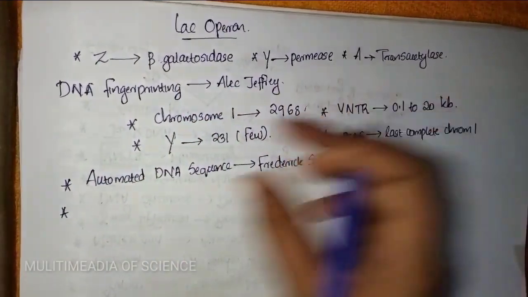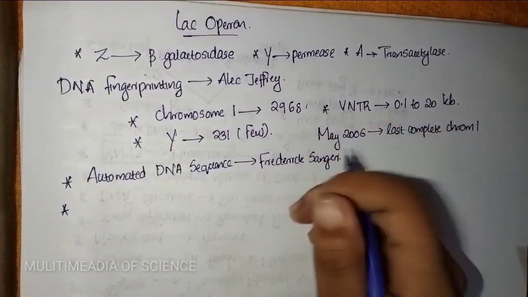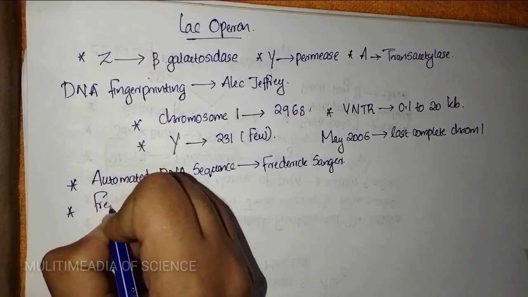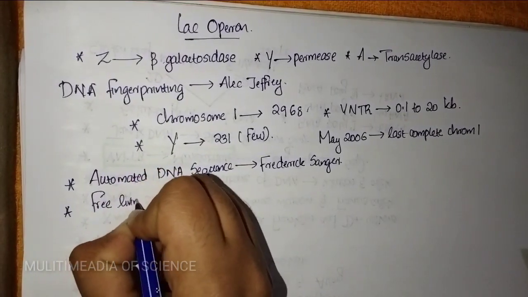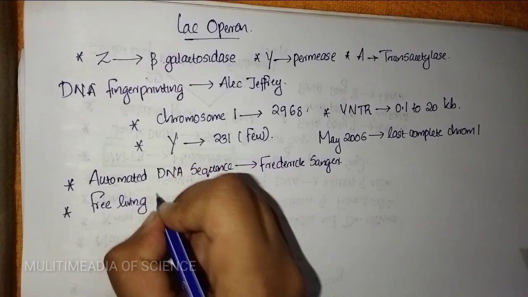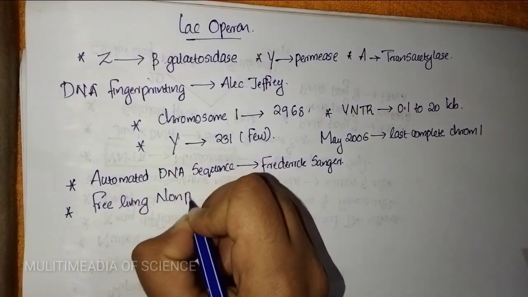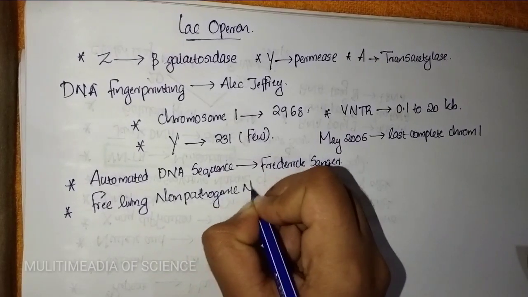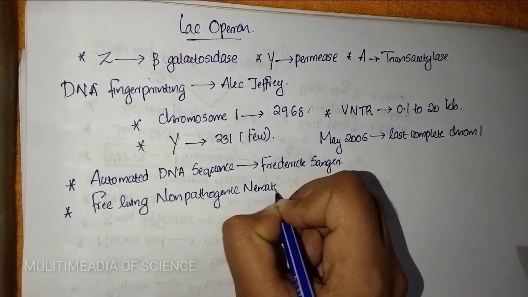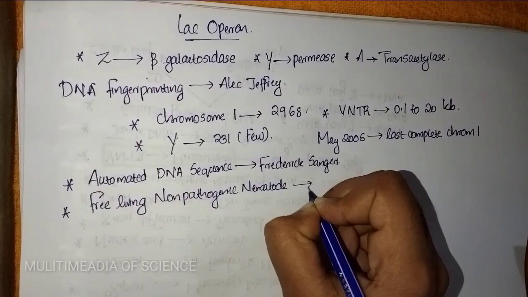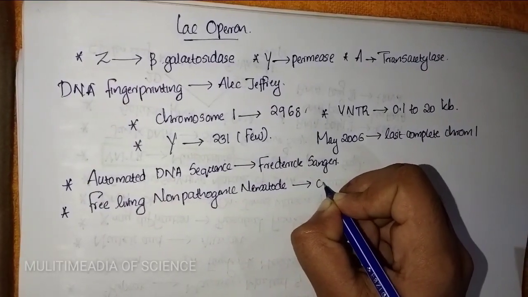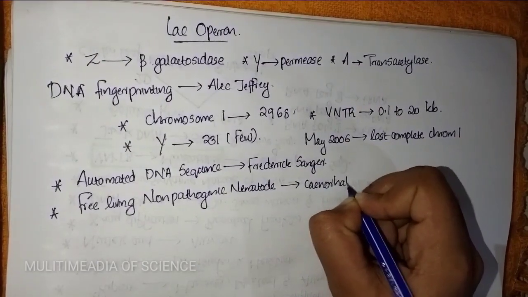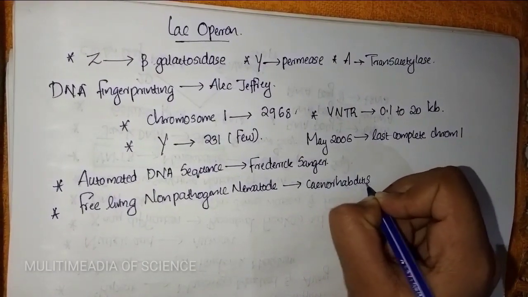These are some points which should be memorized. The free-living non-pathogenic nematode is Caenorhabditis elegans.